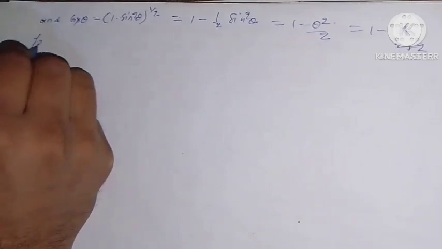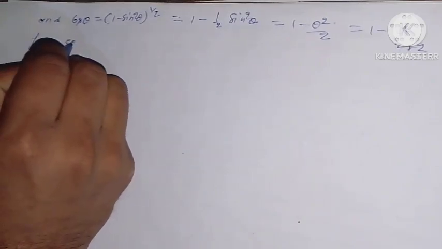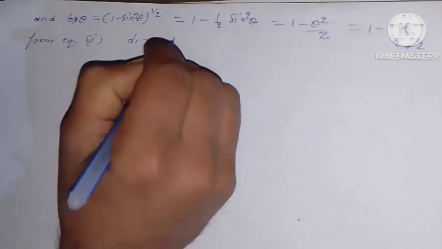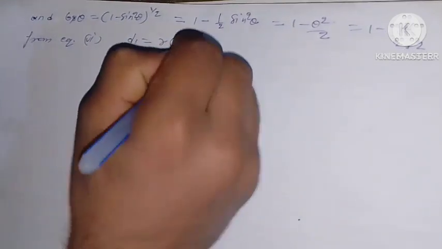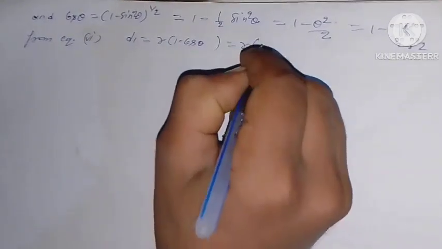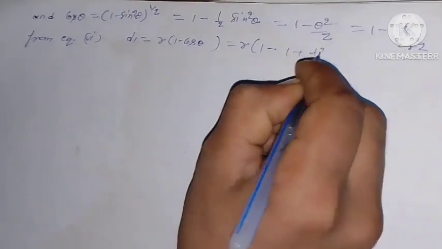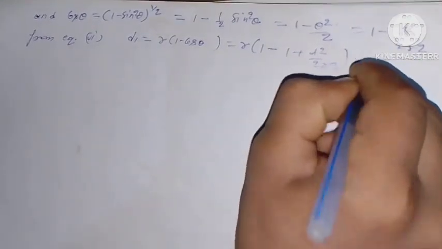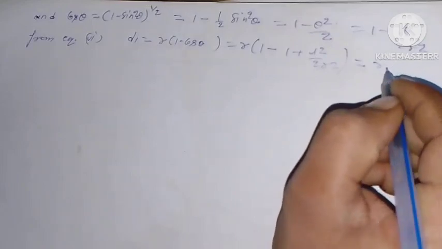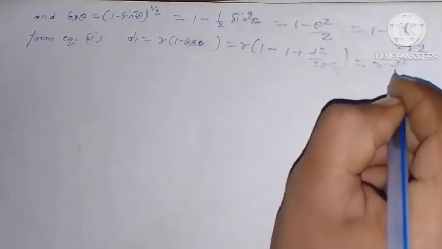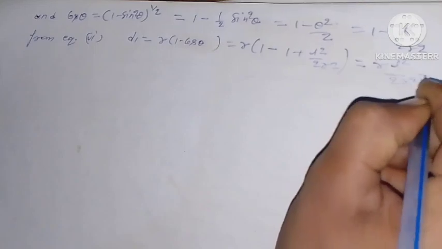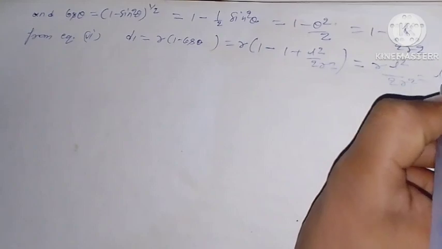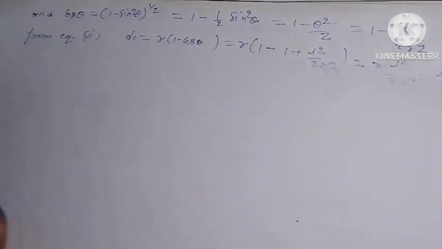From equation number 6, D1 equals R(1 minus cos theta) equals R(1 minus 1 plus L square by 2R square), that is L square by 2R.